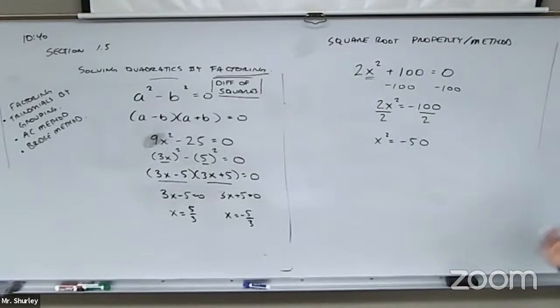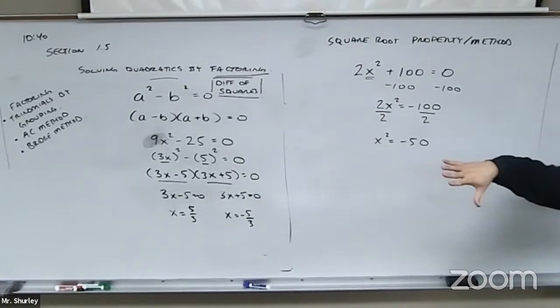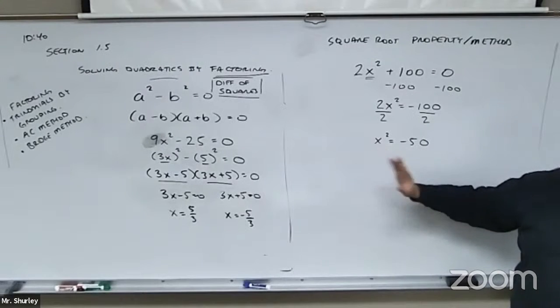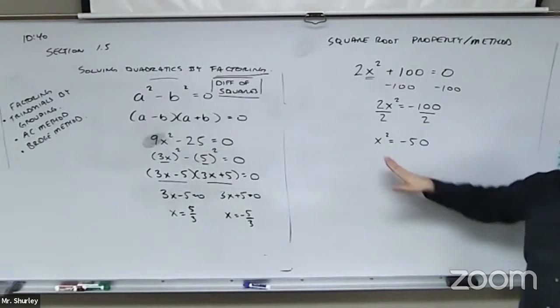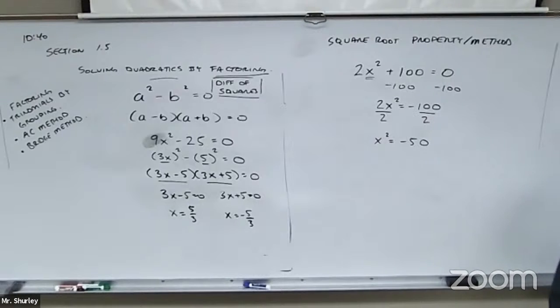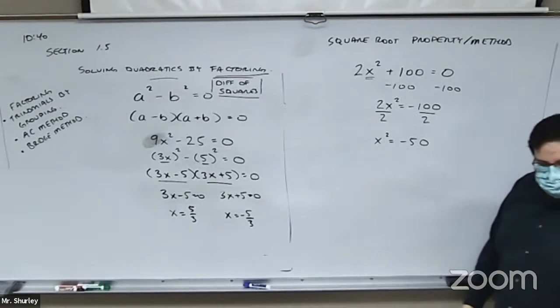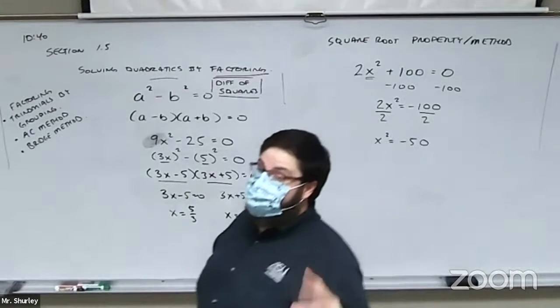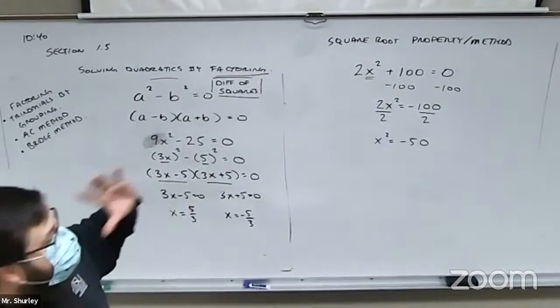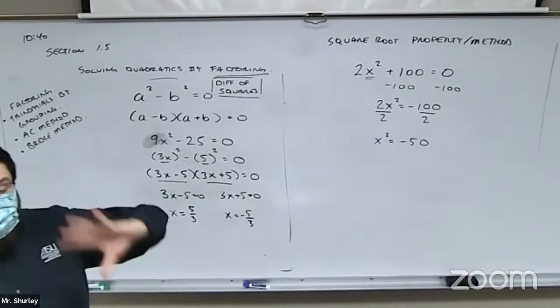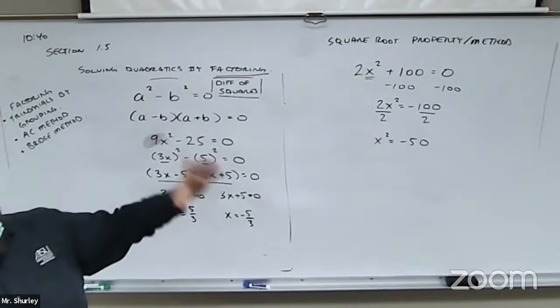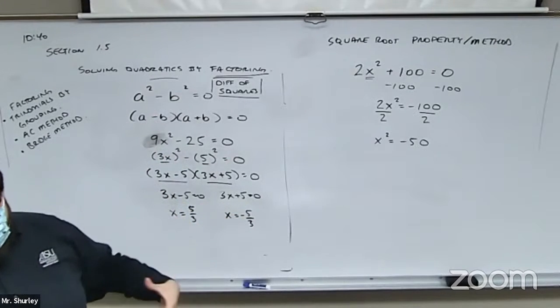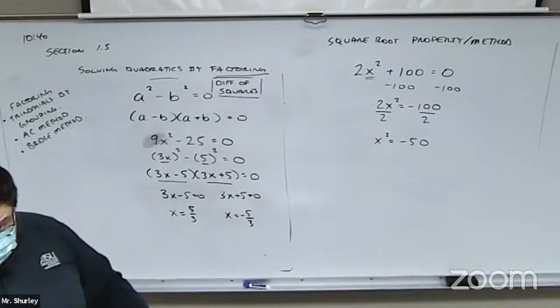Okay, so now we did step 1. If you like writing steps down, step 1 is to get this thing isolated. Now, this thing might wind up being a little binomial. We'll do that here in a minute. But for now, this thing we've got to get isolated. And once we do that, we can just take the square root of both sides. But you have to remember a property that says if you take the square root of both sides, you have to attach a plus or minus, okay?